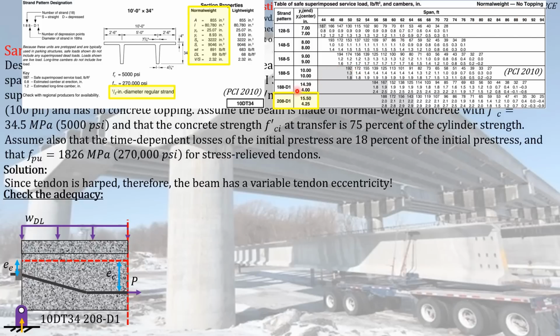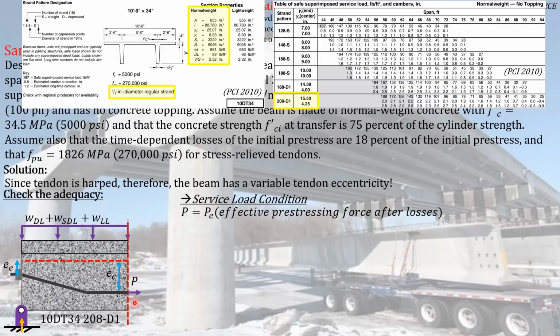We can now check the adequacy of this particular section with respect to the service load condition. At service load condition, additional stresses will be induced due to the application of the superimposed dead loads and live loads.